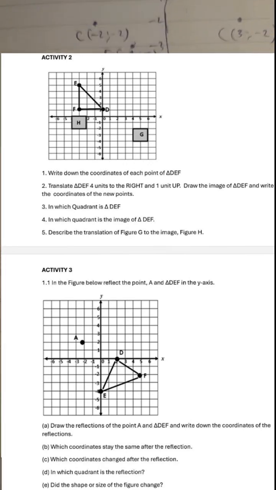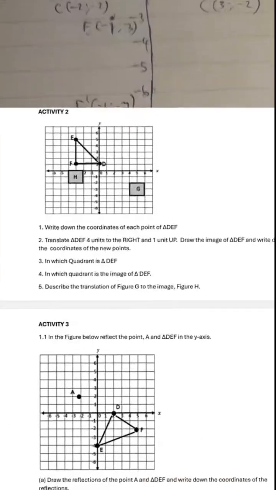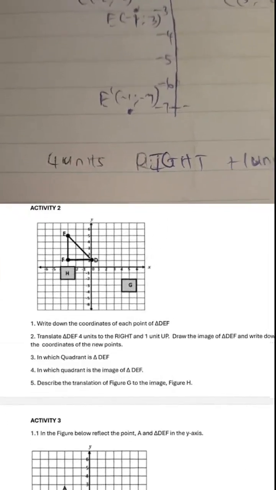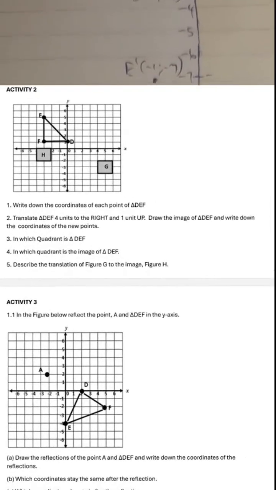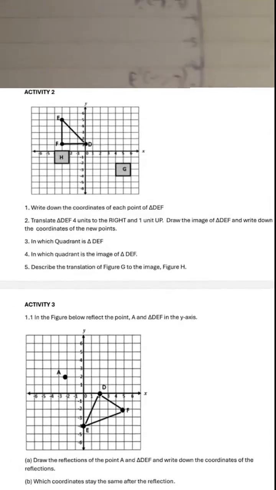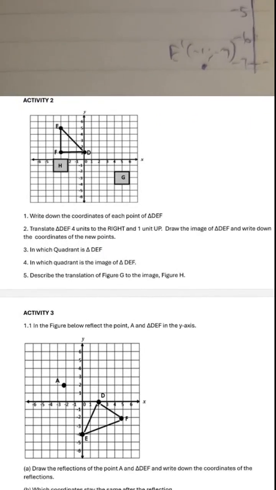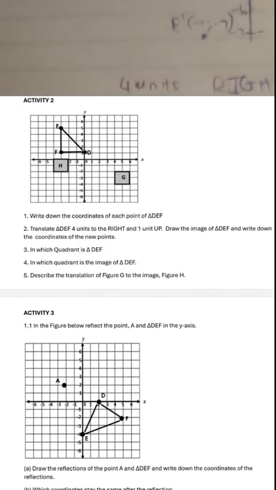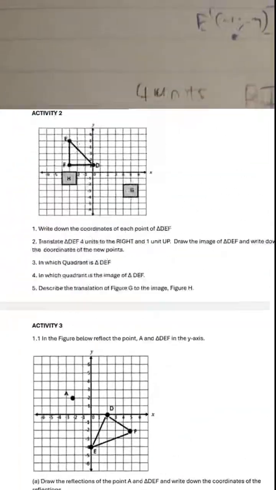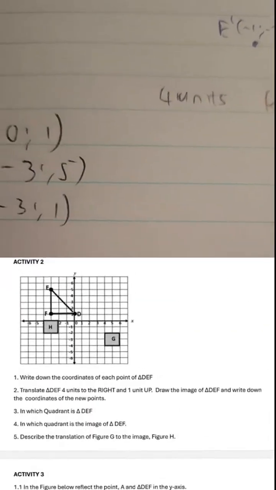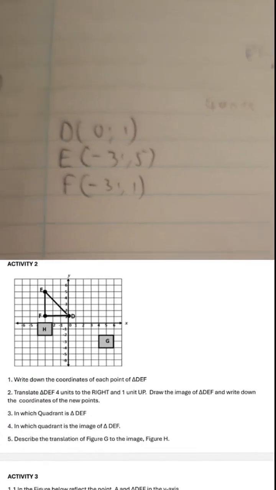And then we need to draw the image of triangle DEF and write down the coordinates of the new points. So I think we can actually do the writing down of the new coordinates first. Then after that, we'll be able to draw the image, and that should basically answer the question in its entirety. Okay, so hopefully we have this.